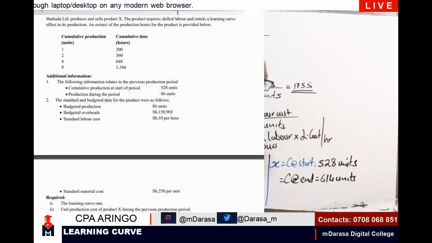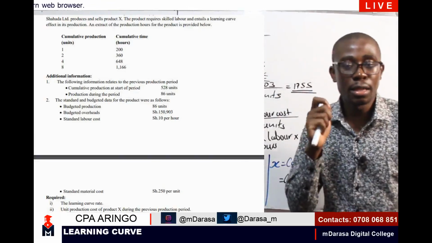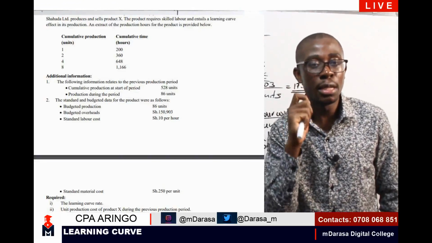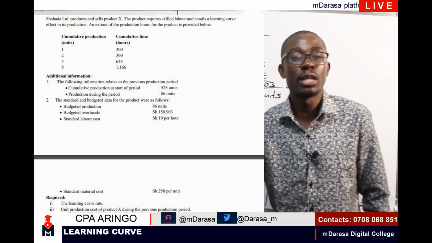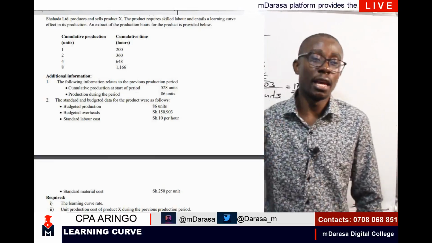So if we take the total time of producing the 614 units, kindly mark this clearly, we will be dealing with cumulatives. That's why we're talking of cumulative production at start and at the end of the period.